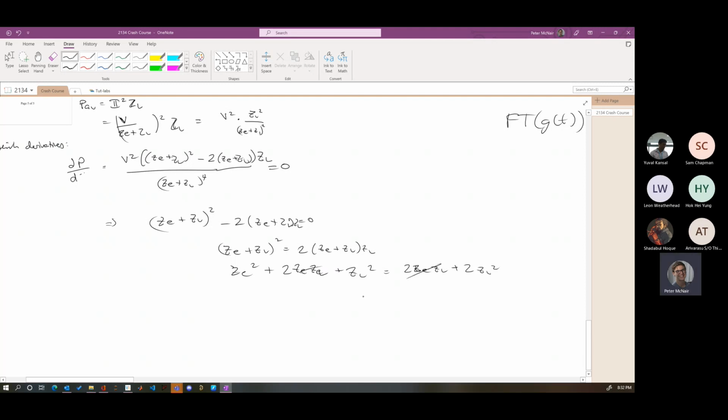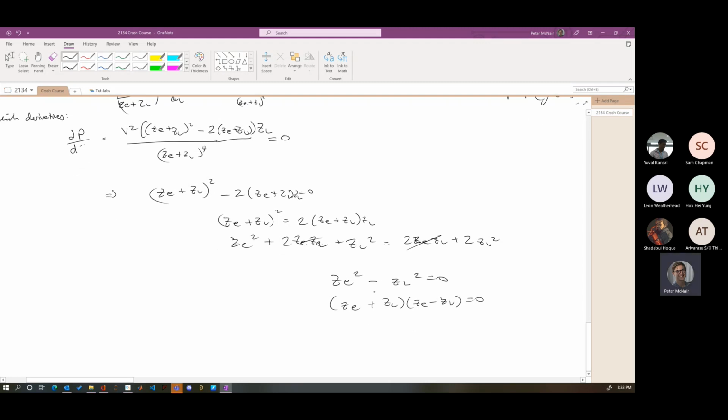And these cancel. We get that ZE squared minus ZL squared is equal to 0. ZE plus ZL and ZE minus ZL equals 0.